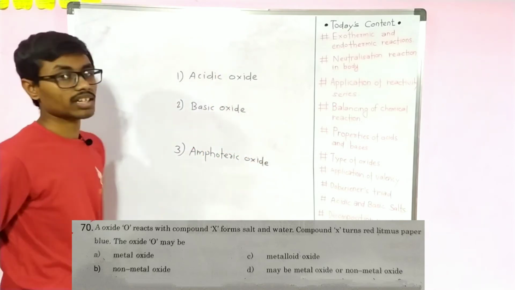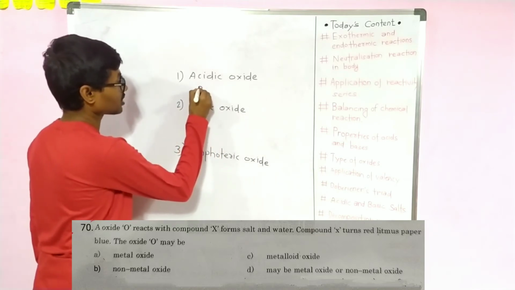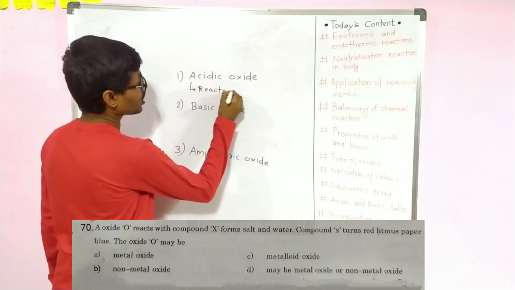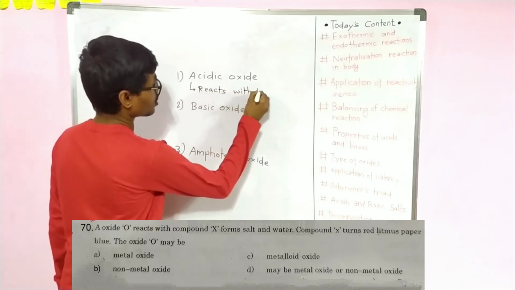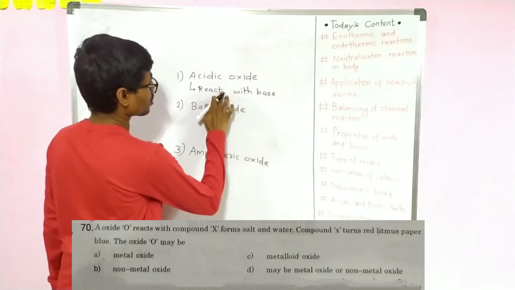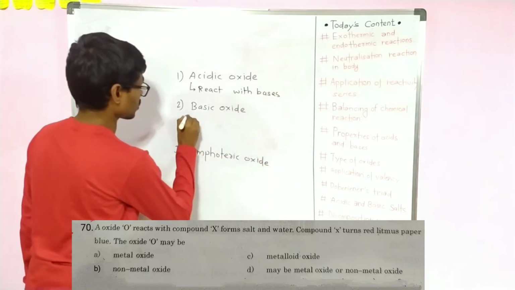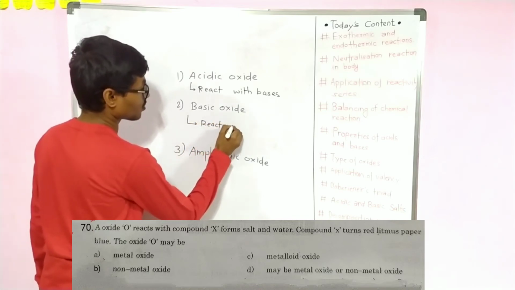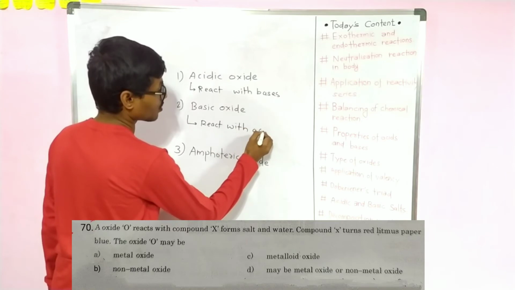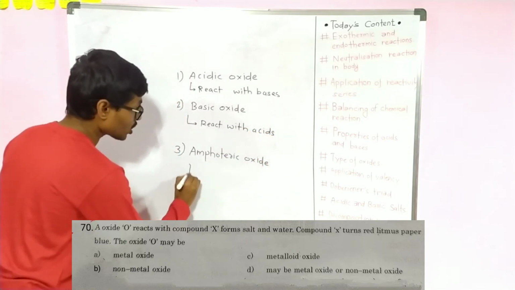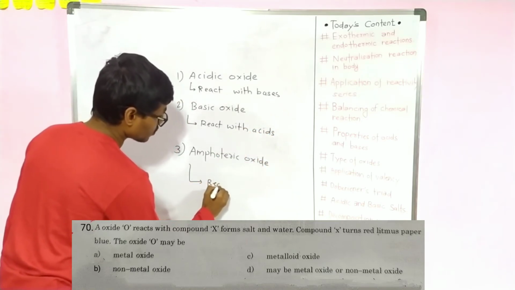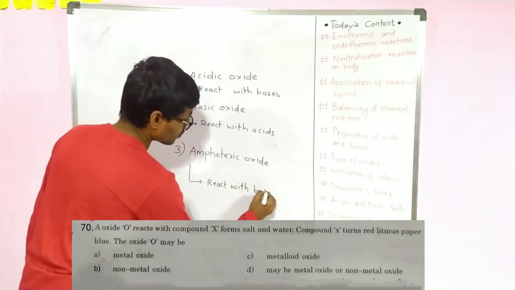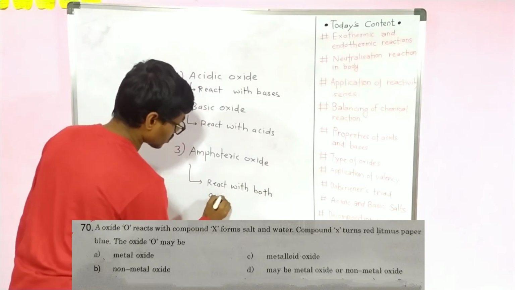Now, acidic oxides are those which react with bases. Basic oxides react with acids. And amphoteric oxides react with both acids and bases.